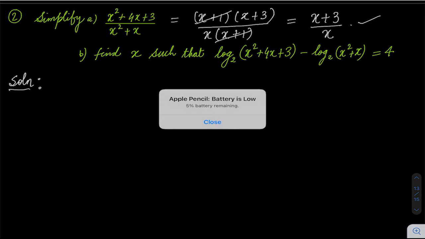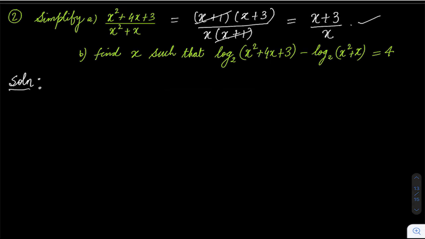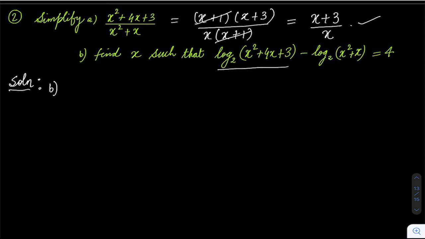Okay, B part. Find x such that log of x square plus 4x plus 3 minus log of x square plus x equals 4. Okay, so now we have a logarithmic equation. So we have to simplify this and solve for x. So now you can see the base is the same for these two log values. So the numbers will divide.